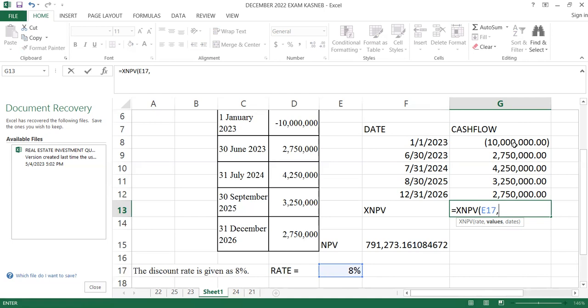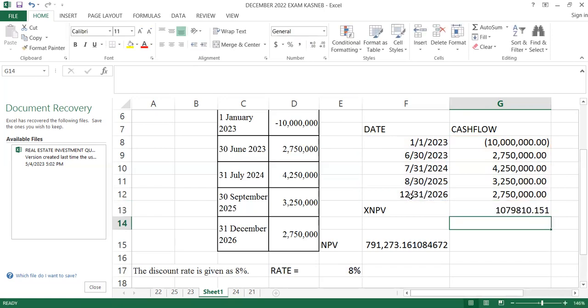But now we start from year 0, which is minus 10 million. Then we put a comma. We take the dates, like that, 6/30, 7/31, 9/30, all that. Then we close this bracket. We press enter. That's our XNPV.